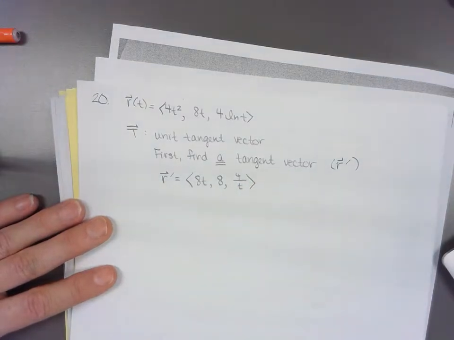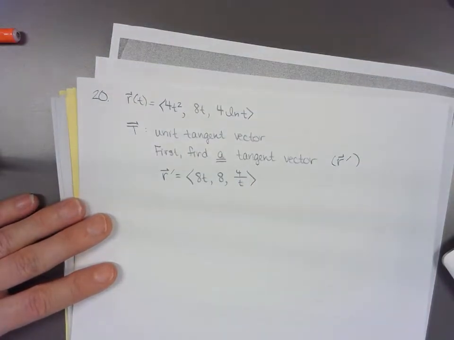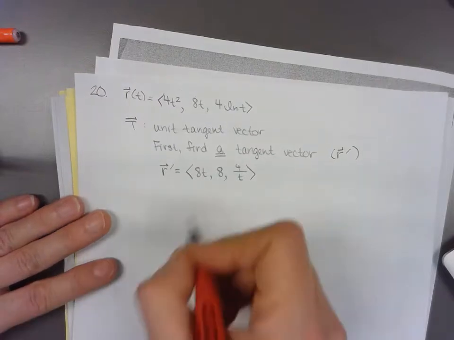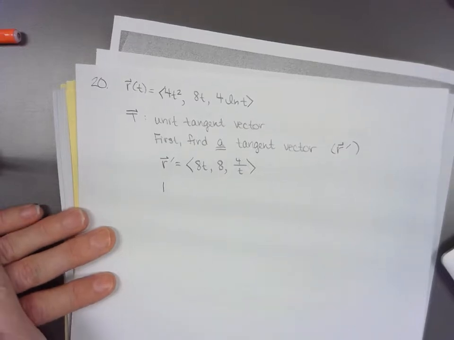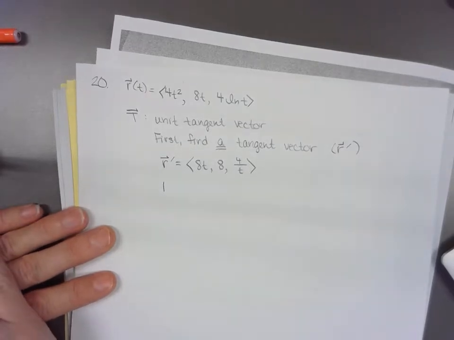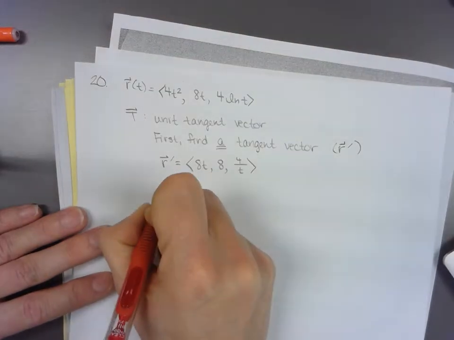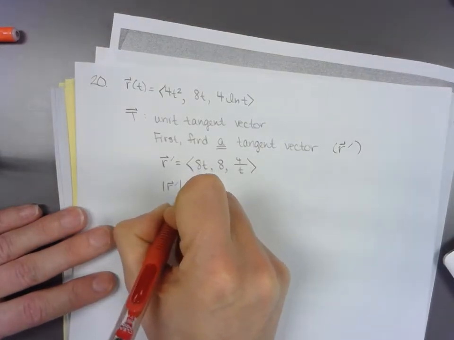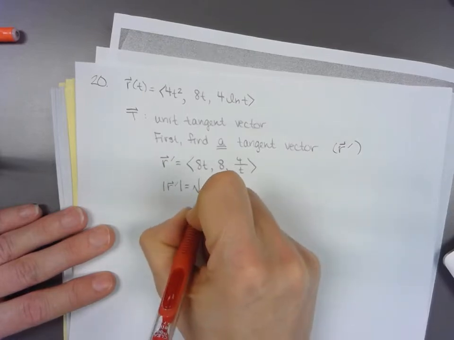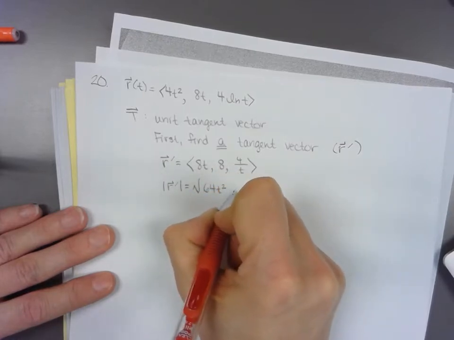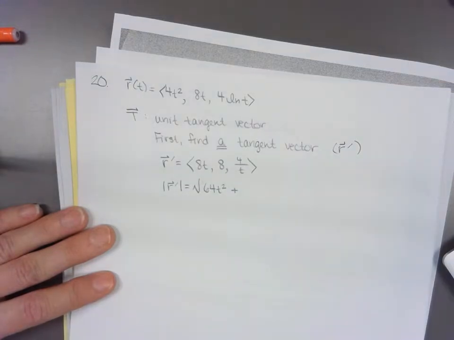Okay, that's definitely not a unit vector because there's an 8 in the second component. So how do we make it a unit vector? What do we do? Find its magnitude and then multiply by 1 over. So the magnitude of R prime is, when I square 8t, I get 64t squared. And when I square 8, I get 64.